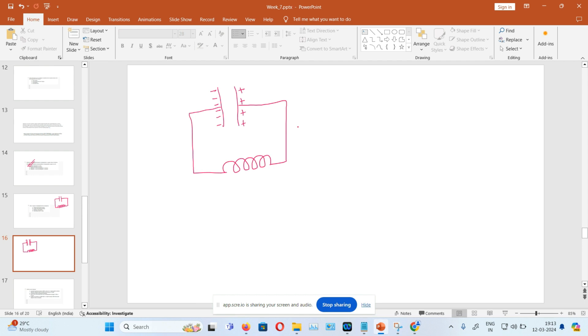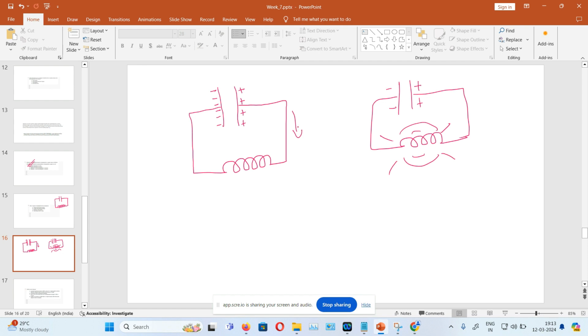What happens? Because of this charge, this is positive and this is negative, there will be a current flowing through the inductor. But the inductor will not allow the current to flow instantaneously. So the capacitor starts discharging through the inductor. At the same time, a small magnetic field is created in the inductor.